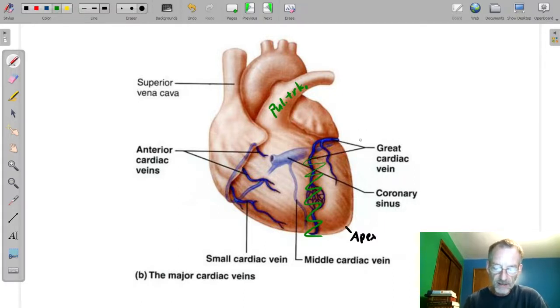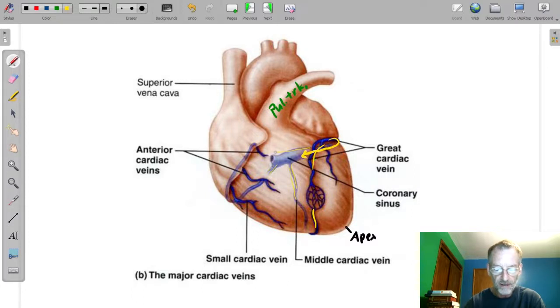So the great cardiac vein is draining blood through the sulcus and around and back into the sinus behind. So the coronary sinus and some of these other veins, like the middle cardiac vein, are dimmed.